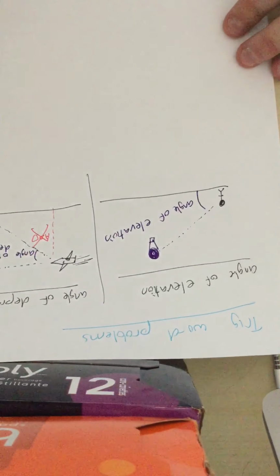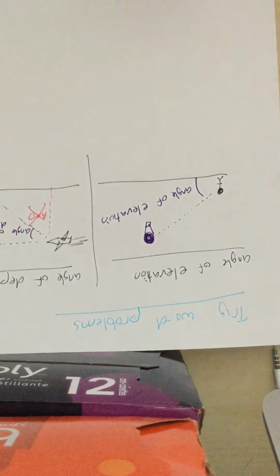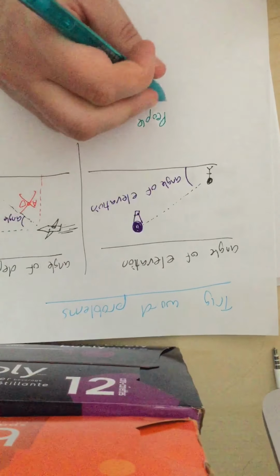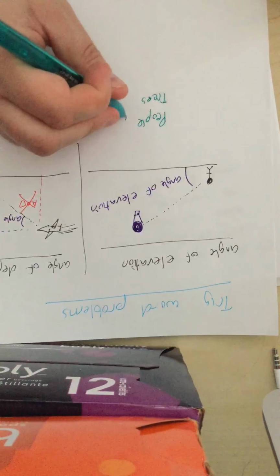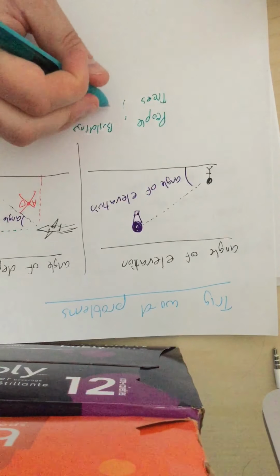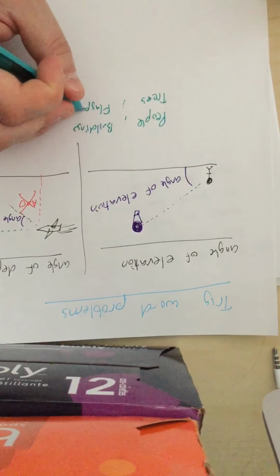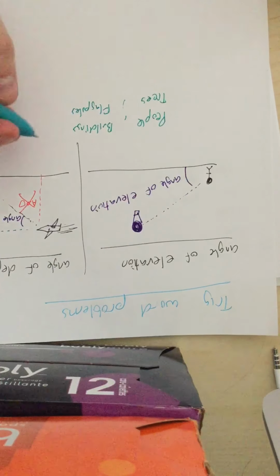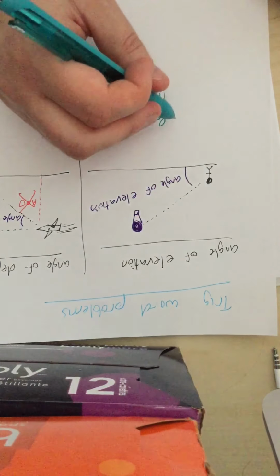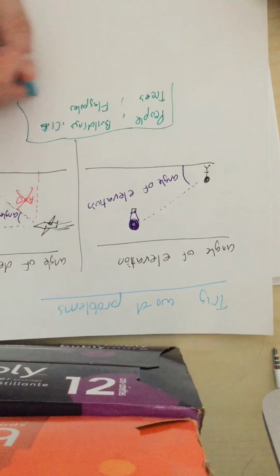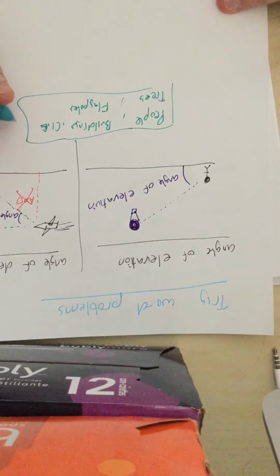One thing I should mention before we go too much forward: we're going to make some assumptions here. We're going to say that people, trees, buildings, flagpoles, and cliffs, and other such things, we're going to assume that they are vertical.